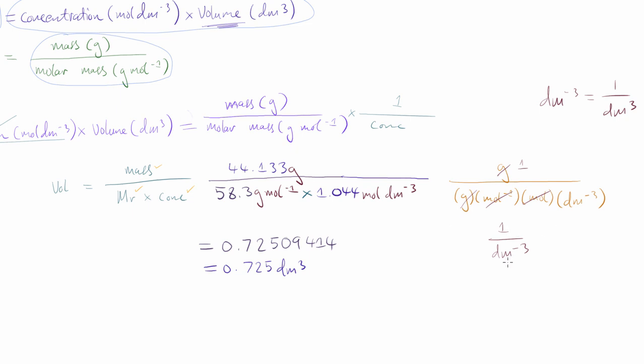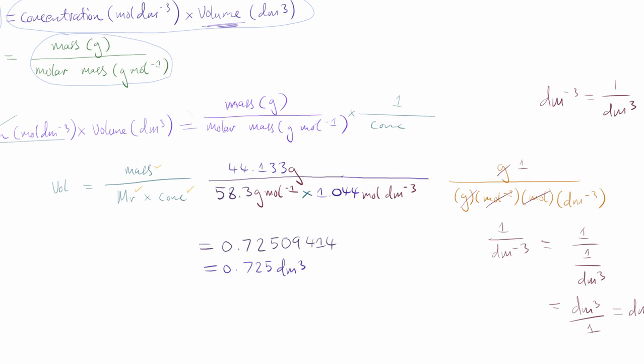But we've got 1 over dm to the minus 3. So therefore that is equal to 1 over 1 over dm cubed. Which is, well, we have to multiply this by this, right? Which gives us dm cubed over 1, which is, of course, just dm cubed, right?